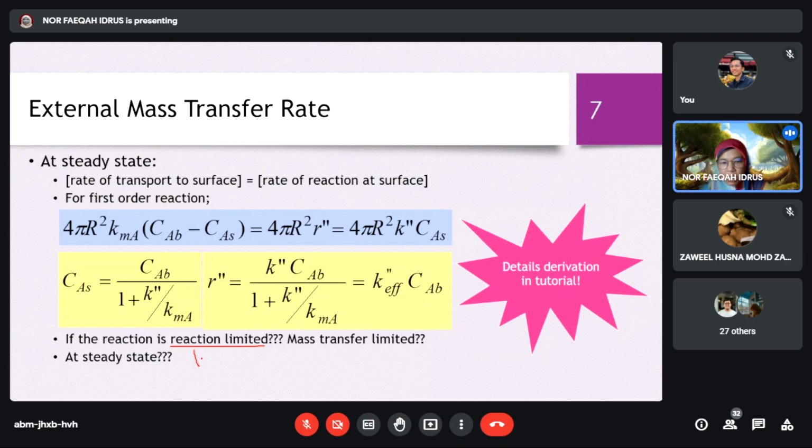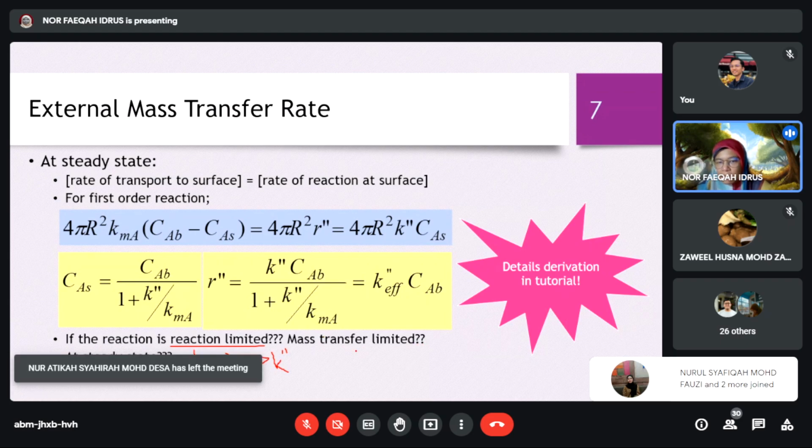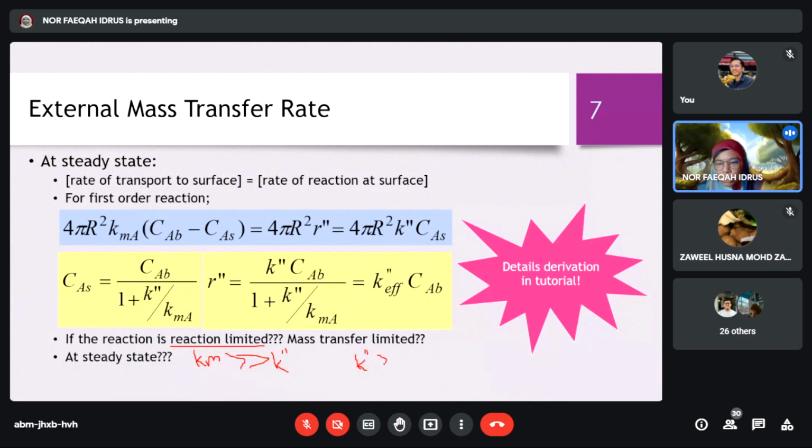So reaction limited, Km much larger than K. Okay, that is for reaction limited. But what happens when it is mass transfer limited? If mass transfer limited, of course, K is the one much larger than Km.